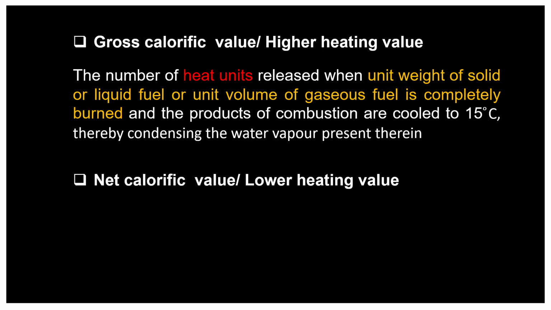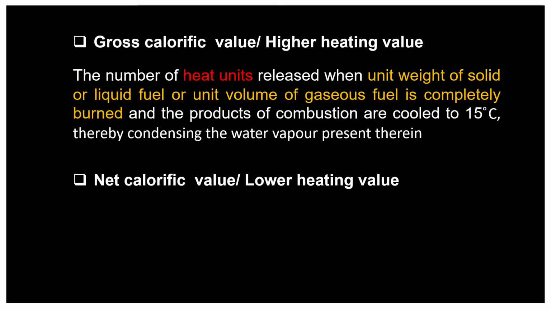A net calorific value, or lower heating value, is simply the amount of heat which is released during the burning. We are not going to collect any products of combustion or flue gases. We are not going to cool to 15 degrees Celsius, and that energy we consider as lost energy, and we are not considering it in our account.